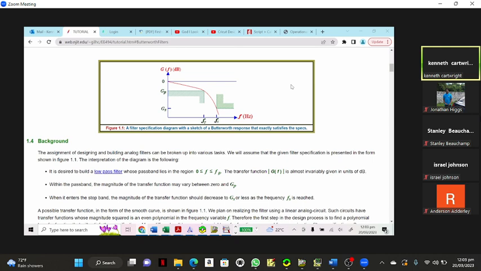The P stands for pass band. So from this frequency, which is 0, to this frequency, which is the cutoff frequency, FP is the cutoff frequency. If this is Butterworth, GP would be -3 dB, and FP would be FC, the cutoff frequency.